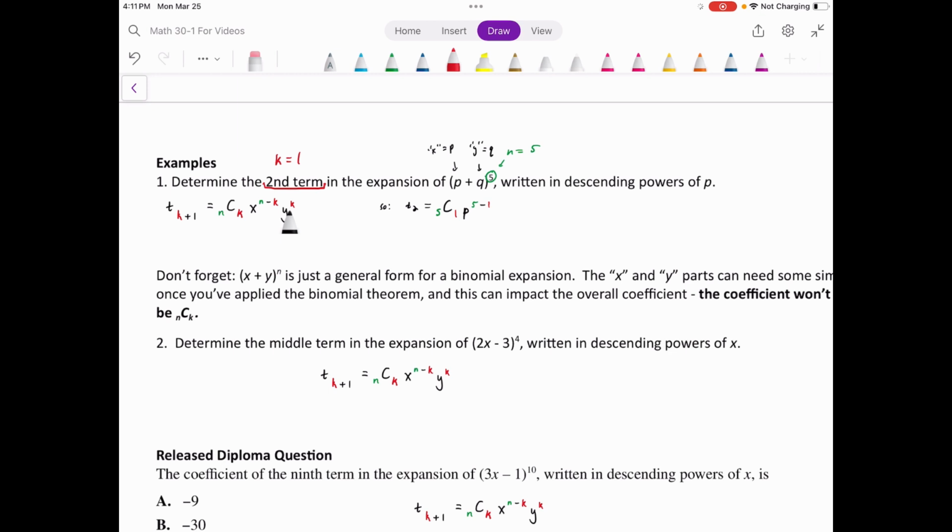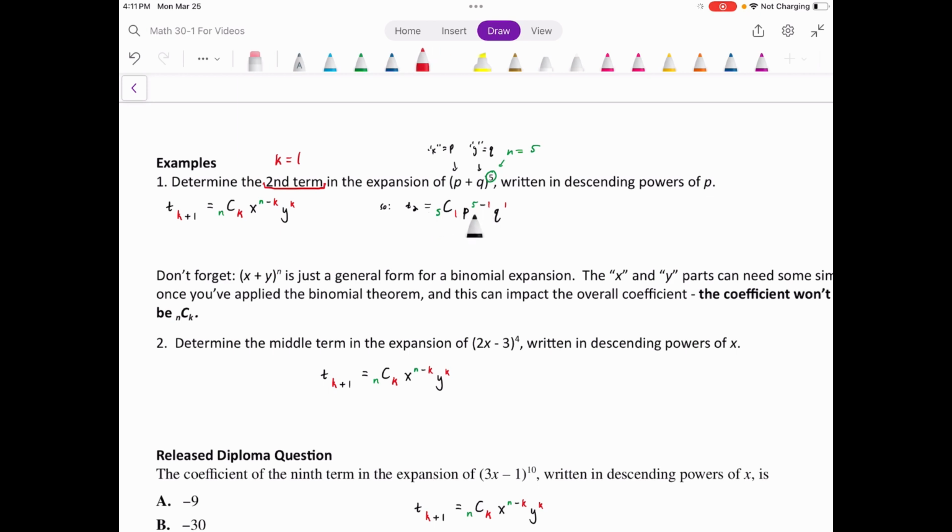Times y to the k, the second term of our binomial to the power of k. The second term of our binomial is q, so q to the power of 1. And there we go. All I did there was take the general term of any binomial expansion, the binomial theorem formula, based on those relationships we've been looking at.